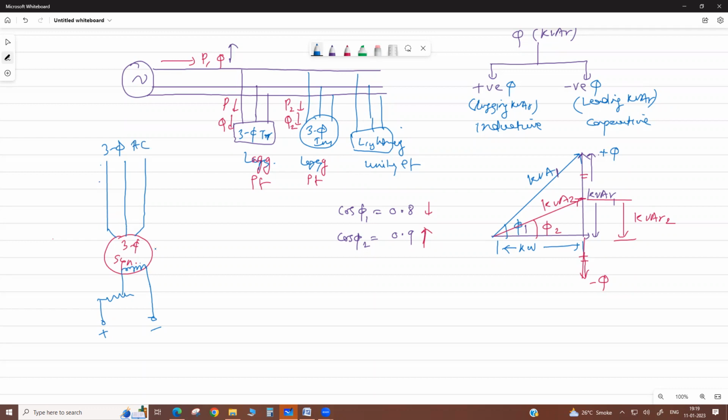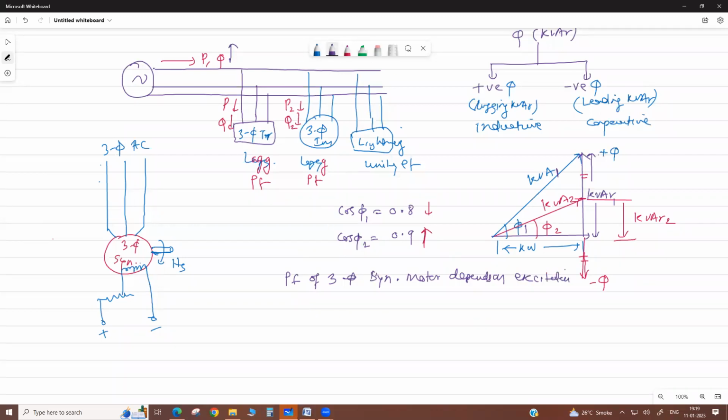Now the power factor, suppose it is operated at no load. Its speed is synchronous speed. Actually, the power factor of an induction motor is always lagging. But the power factor of a three-phase synchronous motor depends on excitation.